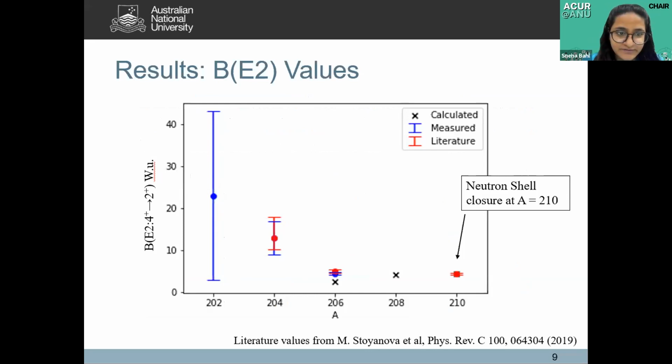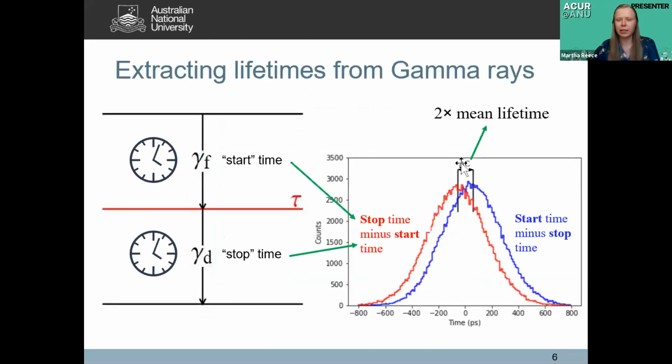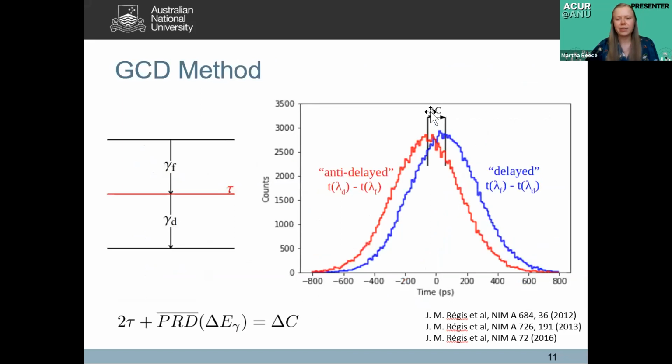Great. Hey, Martha, we have a question for you from the audience also. You mentioned that there's a shift that is delta C in reality. What factors can contribute to this? So I assume you're talking about this one here. This is quite complicated because there's various things going on, but this is the actual equation for it.